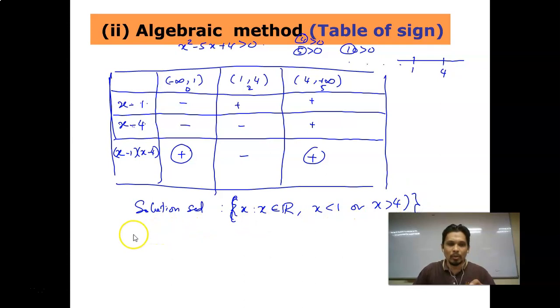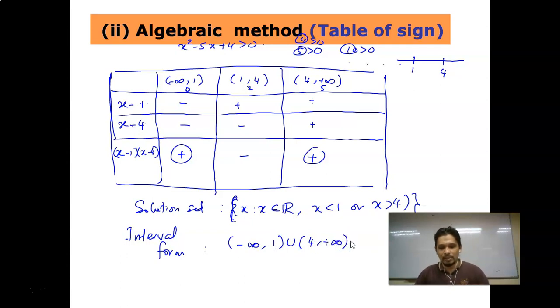Okay. Or in interval form, from negative infinity until 1, union 4 to positive infinity.